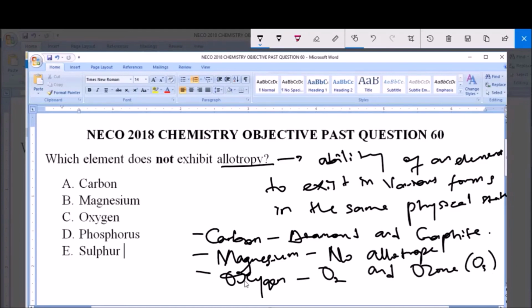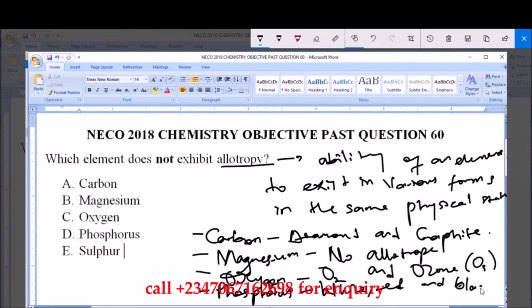Now option D says phosphorus. Phosphorus also exhibits allotropy, and these are the white, the red, and black phosphorus. Then lastly, sulfur. Sulfur too exhibits allotropy. These are the rhombic sulfur and the monoclinic sulfur.